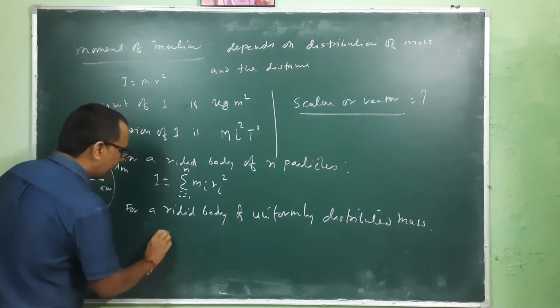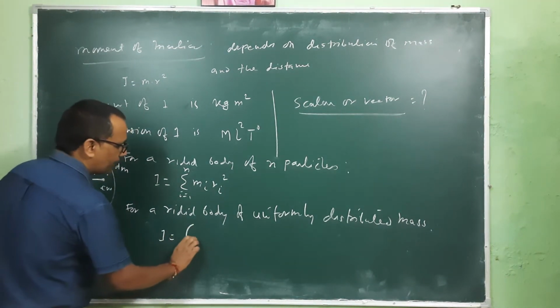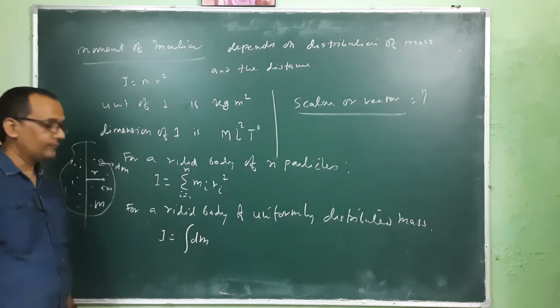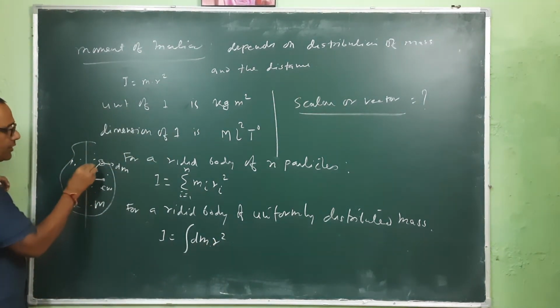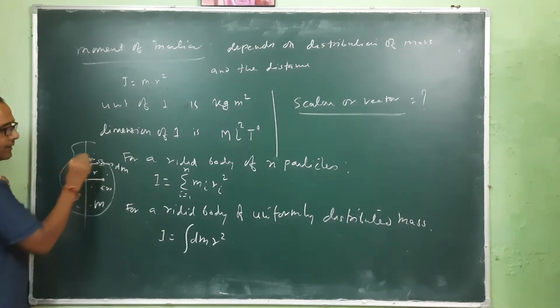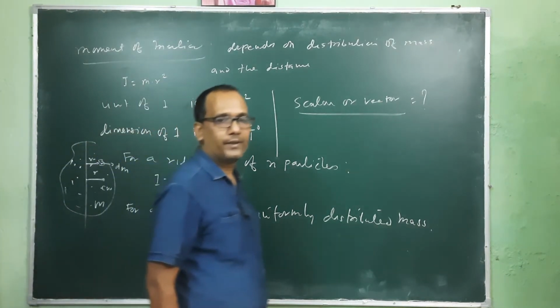So I is equal to the integration of dm multiplied by r square, where r is its position. So I is the integration of dm r square.